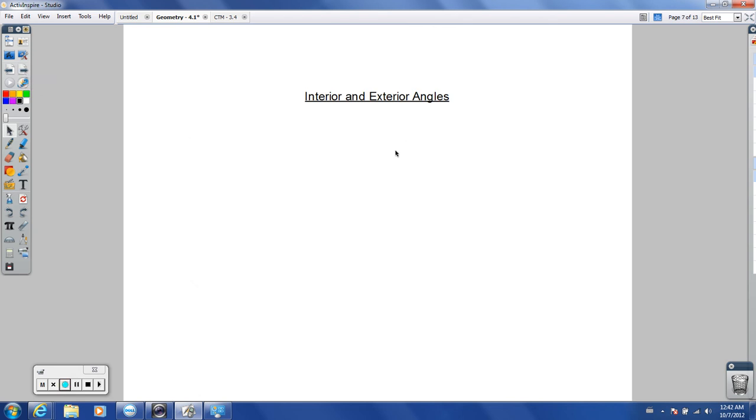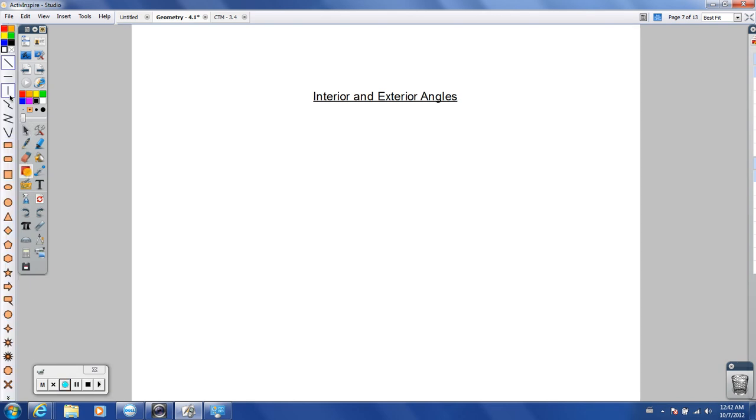Interior and exterior angles. Let me draw another picture. This one will go something like this. So we're going to extend the sides out a little bit. I'm going to make an arrow right there. And then this one, same sort of idea.